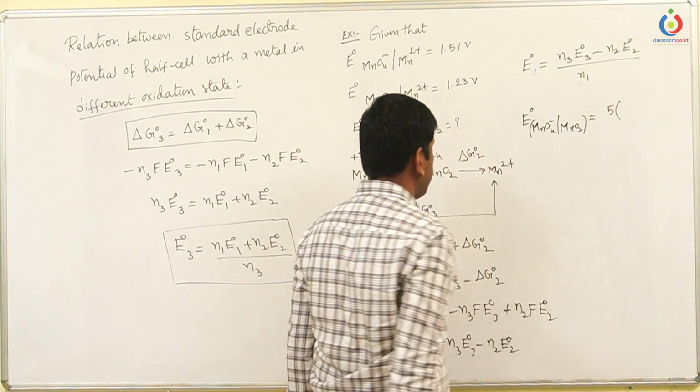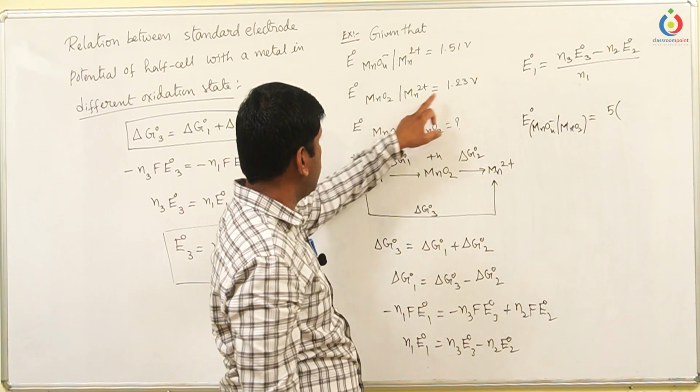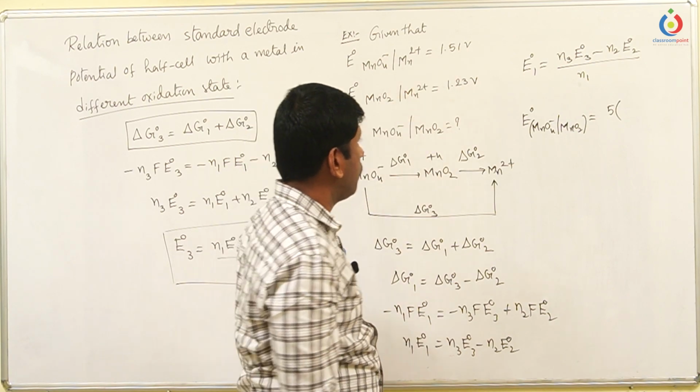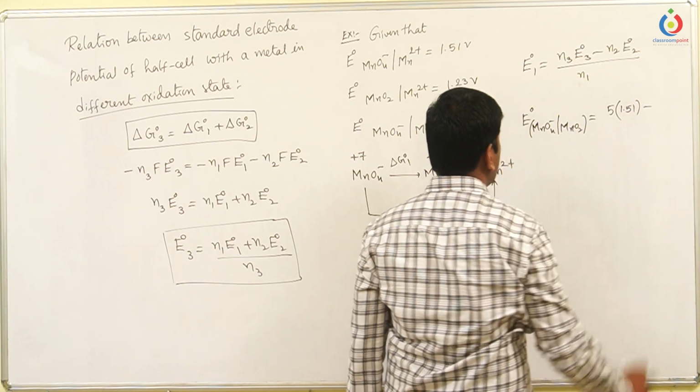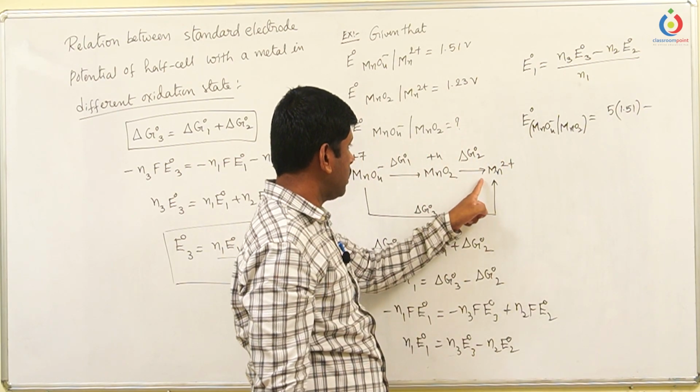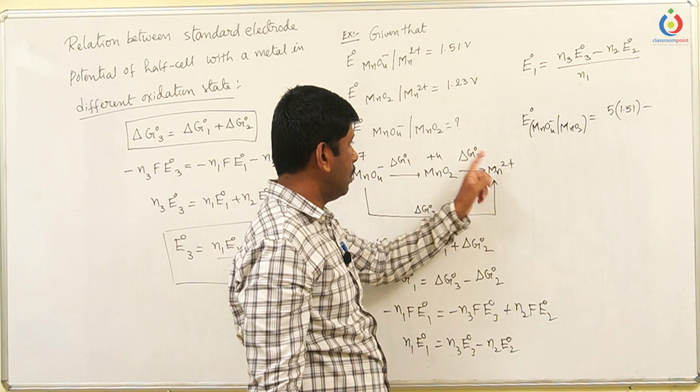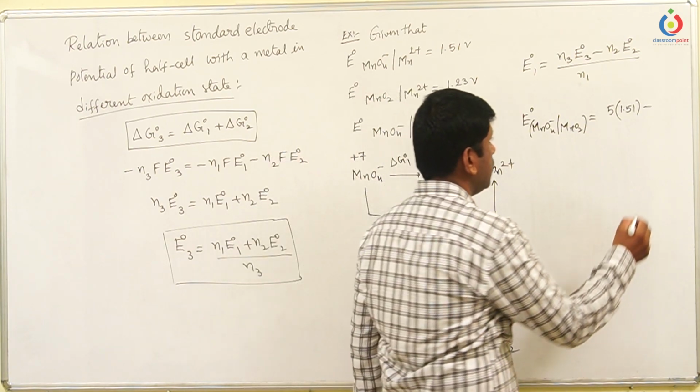5 into its E03 value, which is given as 1.51, minus N2. In this reaction, +4 to +2, so 2 moles of electrons are exchanged, so 2 into E02, MnO2 to Mn2 plus, 1.23 volts. N1 means in this particular case +7 to +4, so 3 moles of electrons are exchanged.